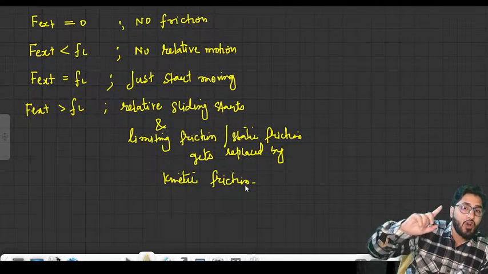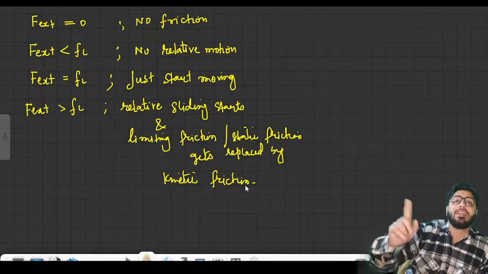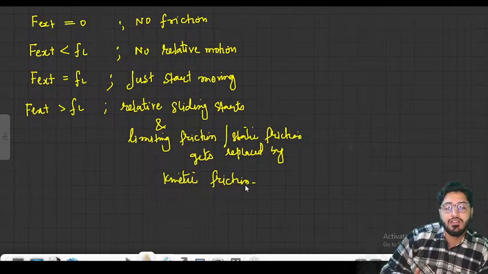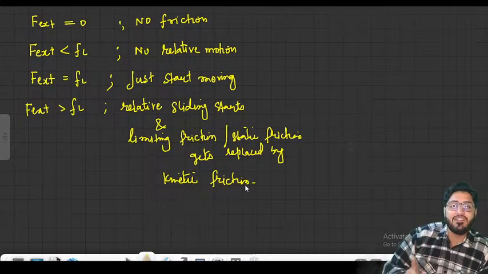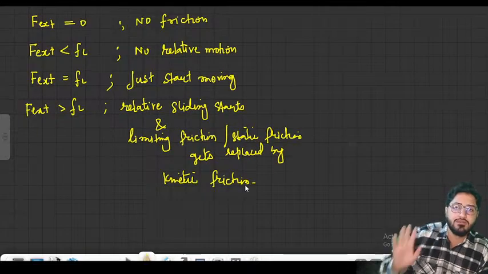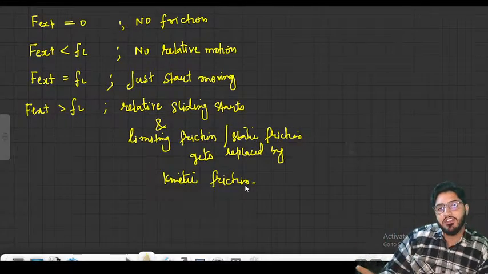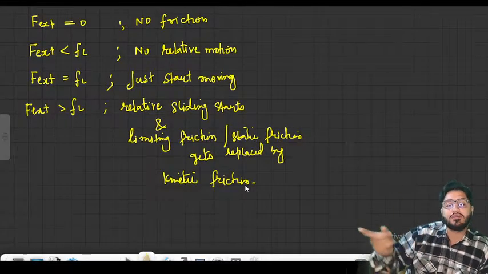And now static friction gets replaced by kinetic friction. That means kinetic friction is that friction which gets activated if the body is in motion. If the body is not in motion, then static friction. If the body is in motion, then kinetic friction.